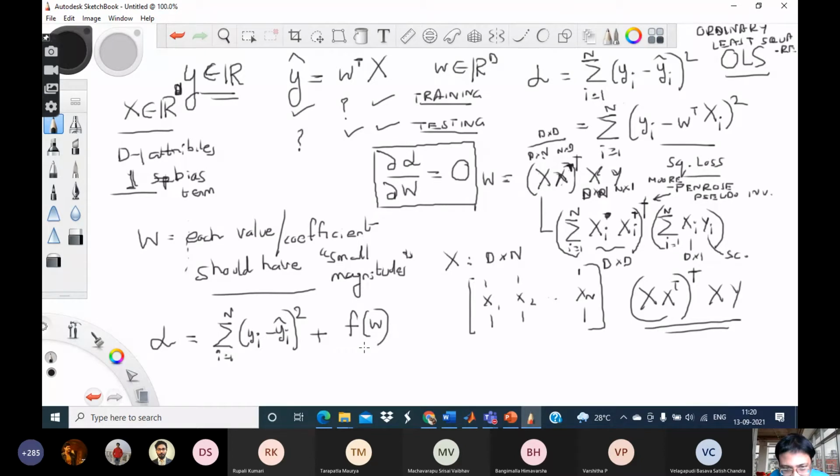Just like a loss function has low values when the prediction is good and high values when the prediction is bad, similarly this also will have low value when W has the desired structure and high value otherwise.